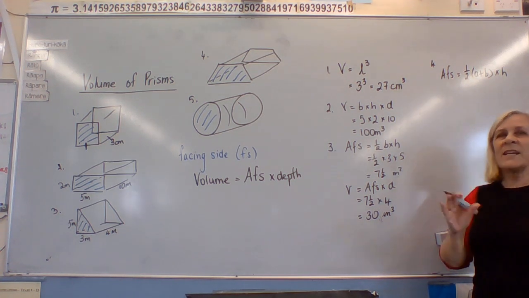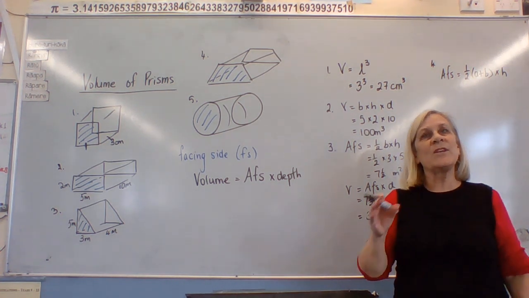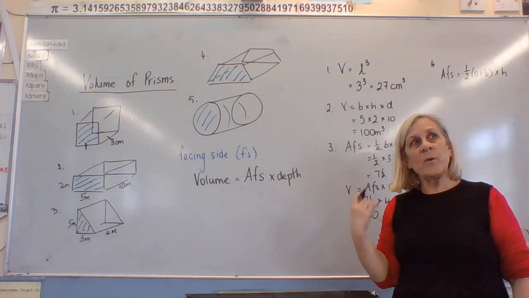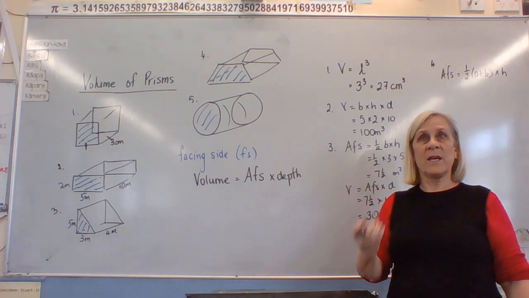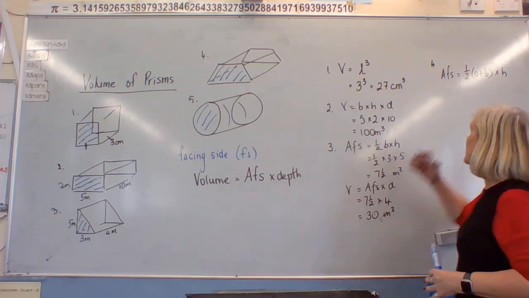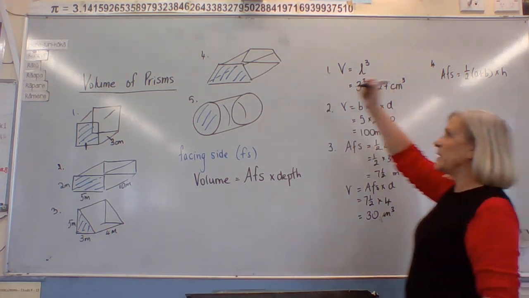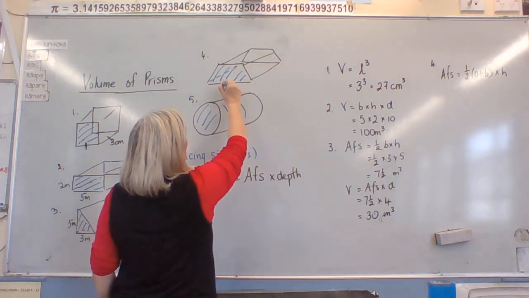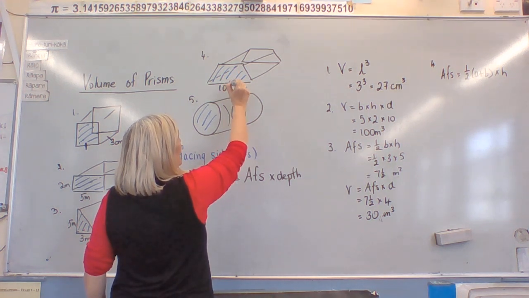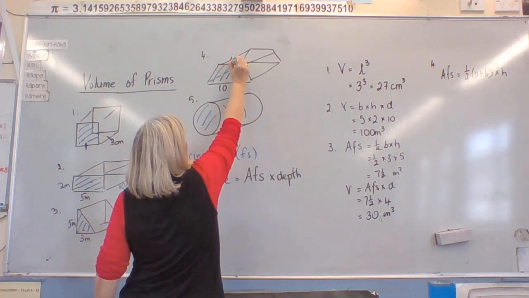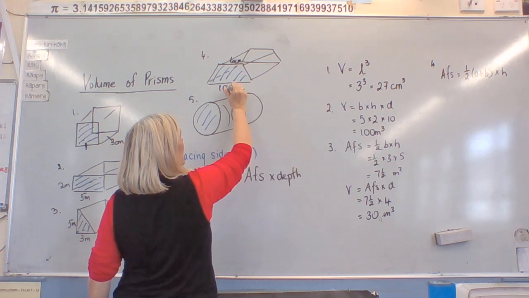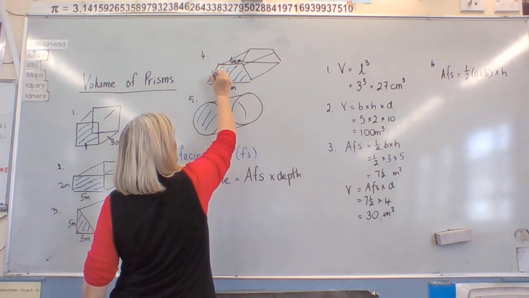So even the recognition that that is the formula you are using, now if you get it right, you will get 1 tick out of the 3 you need. So our measurements we need, so we're going to have 10 and 6 and the height.